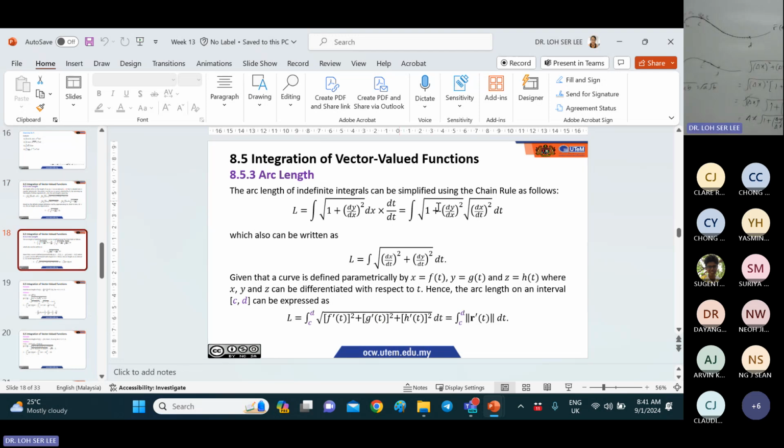So next, what we do, we multiply dt over dt to this.